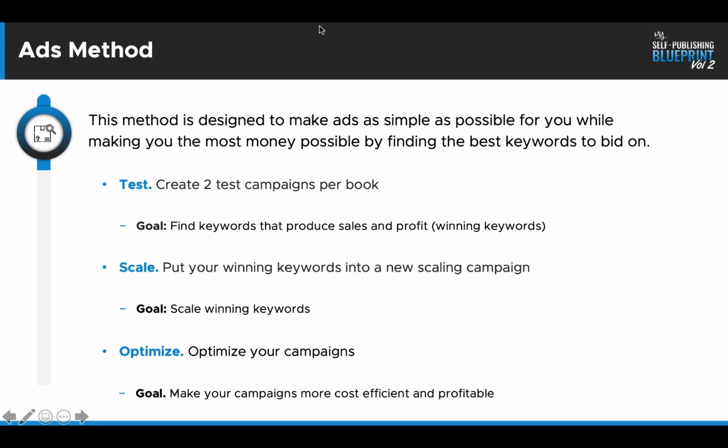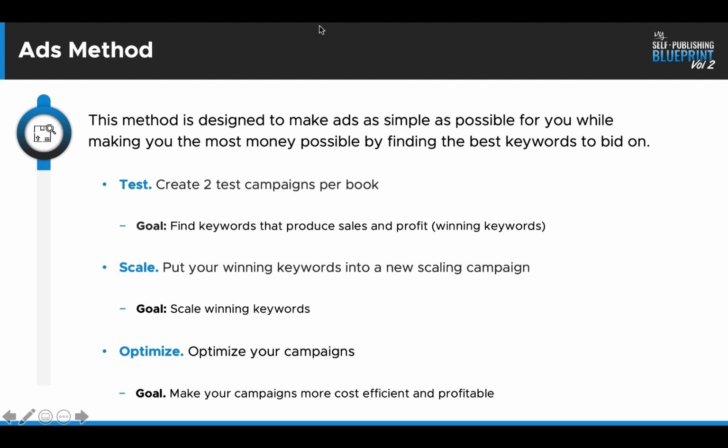And the goal of these test campaigns is simple. It's to find keywords that produce sales and profit, which we call our quote unquote winning keywords. That's what we want to discover from our testing campaigns. From there, then we do scaling. We're going to put your winning keywords into a new scaling campaign.